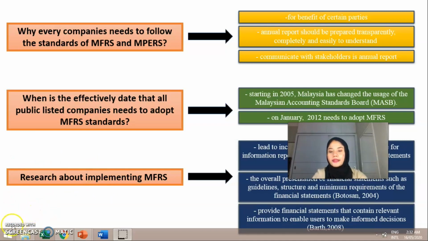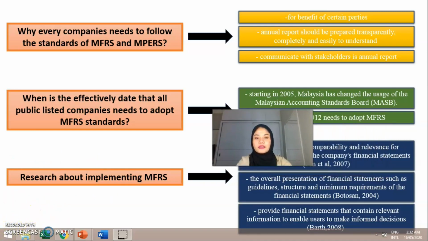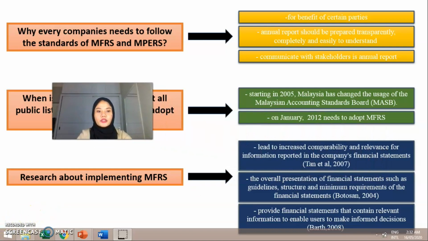Research about implementing MFRS: first, it leads to increased comparability and relevance of information reported in the company's financial statement, and Tan et al. said that more than 7,000 companies already use the IFRS standards.